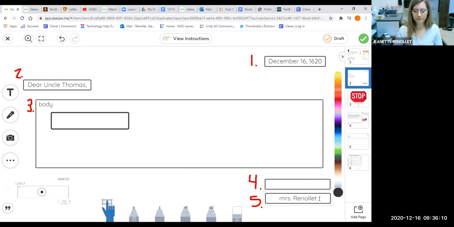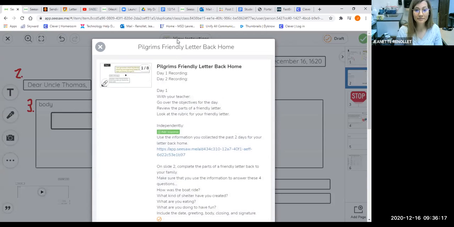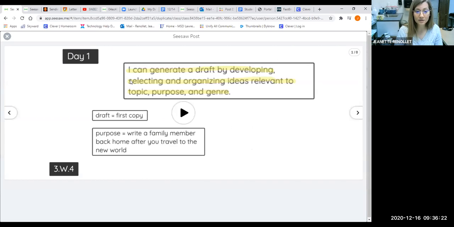Okay? So today is your first draft. Remember our success criteria? It says, I can create a draft. I can create my first copy of a friendly letter.